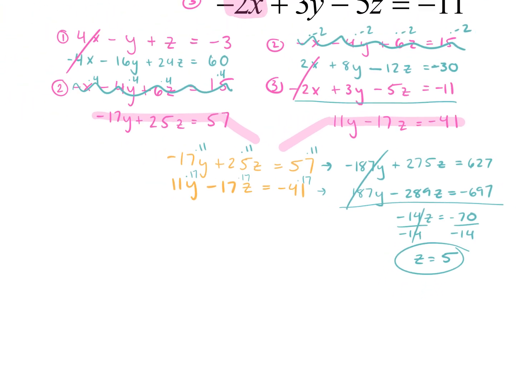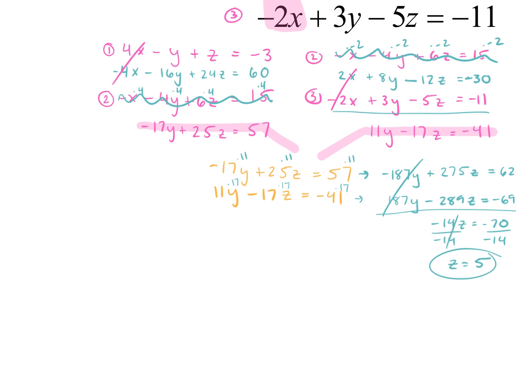We can plug z into one of the two highlighted equations. It doesn't matter which one. I would recommend the one with smaller numbers, but they both kind of have big numbers here. So I'm just going to plug it into the one on the left. We've got negative 17y plus 25 times 5 is equal to 57. So negative 17y plus 25 times 5 would be 125.